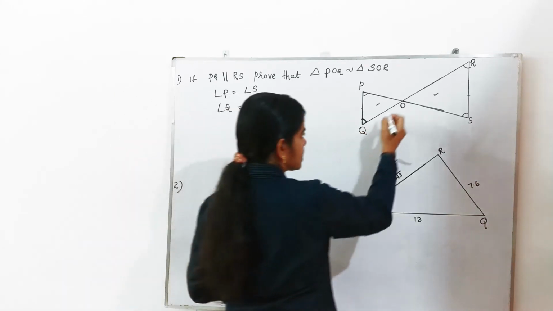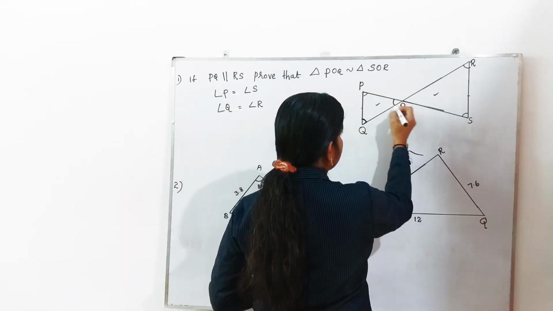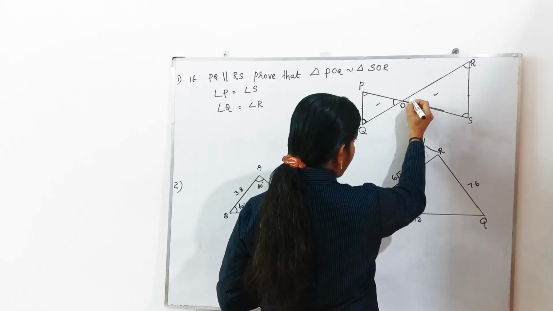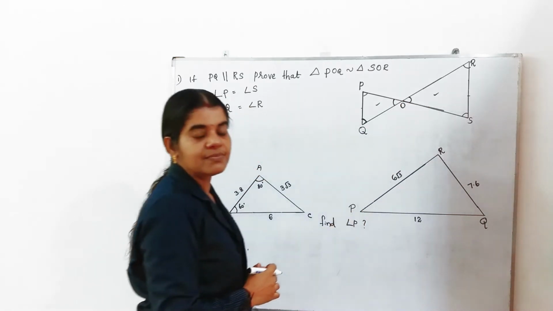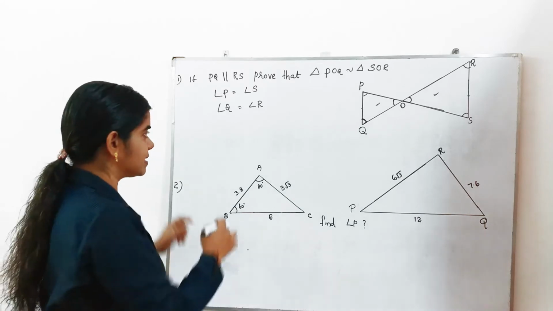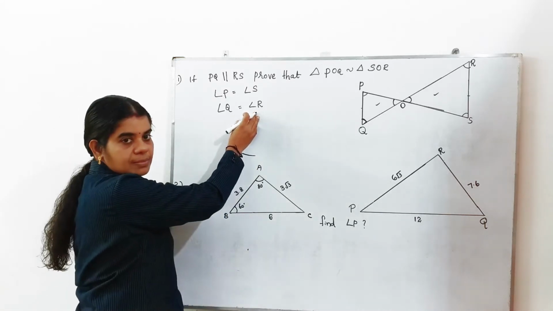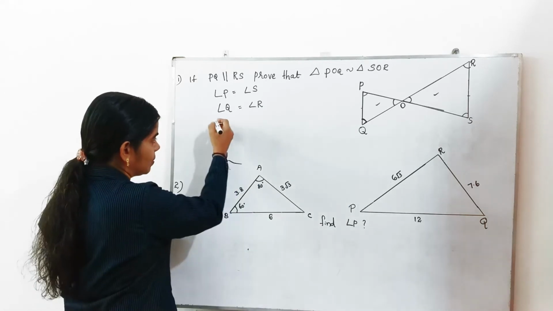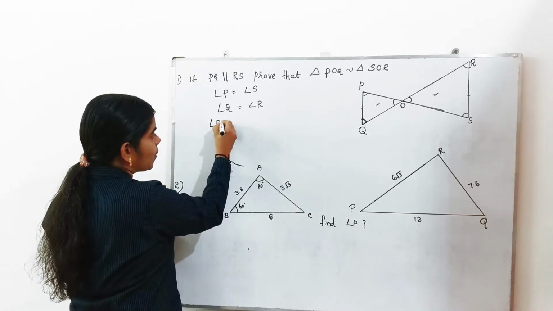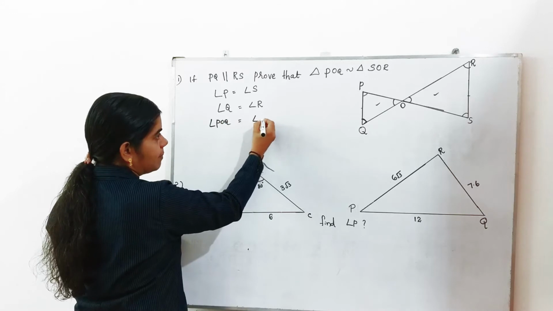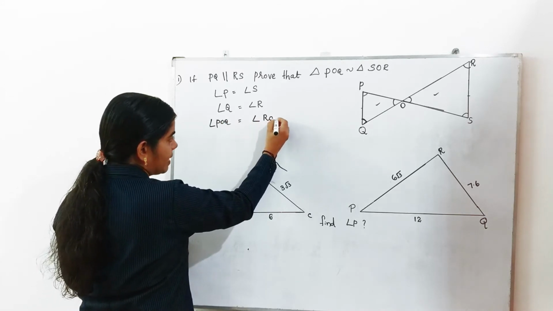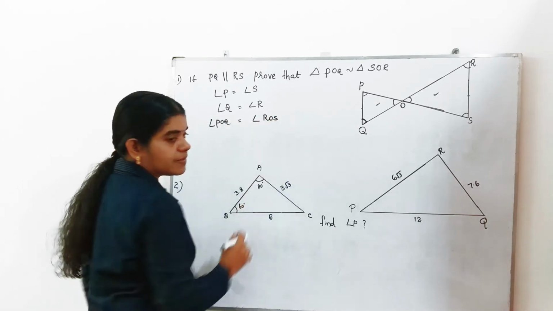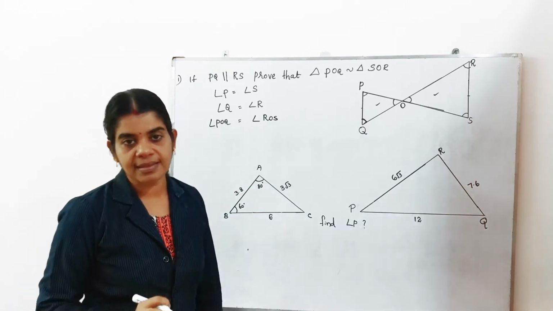If you want, you can say that angle POQ is equal to angle ROS. What will be the reason? Vertically opposite angles. Here also we can show that the two triangles are similar. If you want, you can show the third angle also. Angle POQ is equal to angle ROS. The reason is vertically opposite angles.